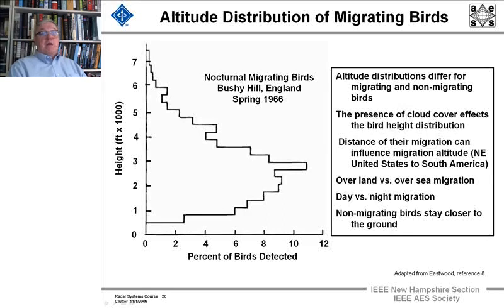The presence of cloud cover affects the height of the distribution, and the distance of the migration can influence the migration altitude. As I said earlier, these are at 3,000 feet, and the ones from the northeastern part of the U.S. to South America are up at 17,000 feet.